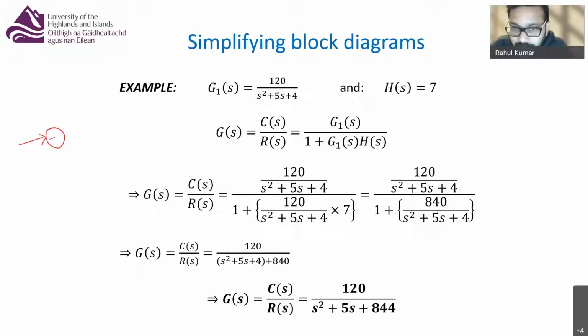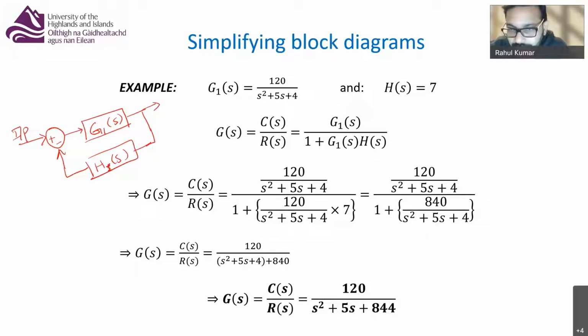So I have my input signal and I have my output like that, and I have G1 of s here, and then from here I have H of s, like that, and this side is your input and that side is your output.